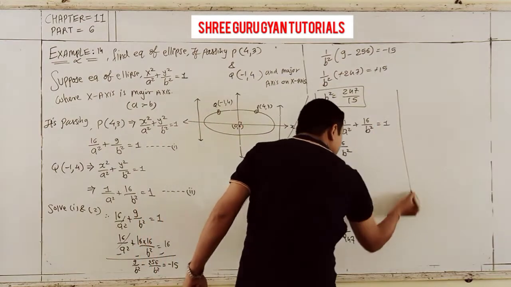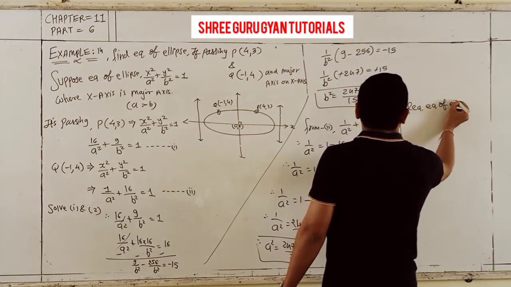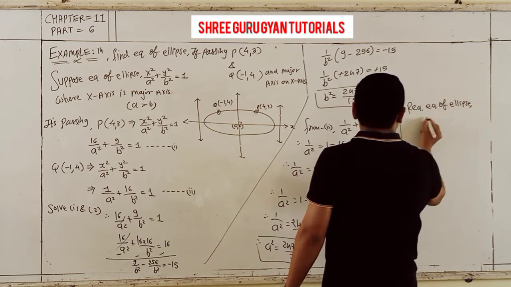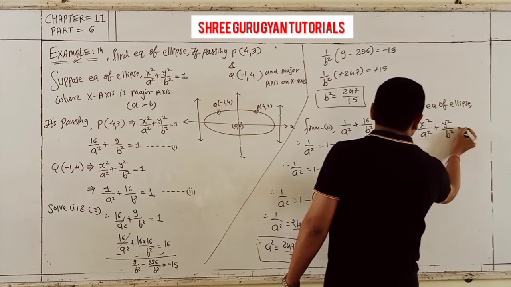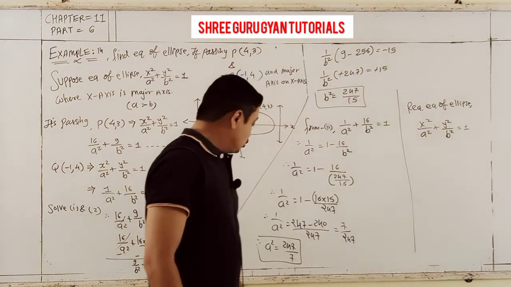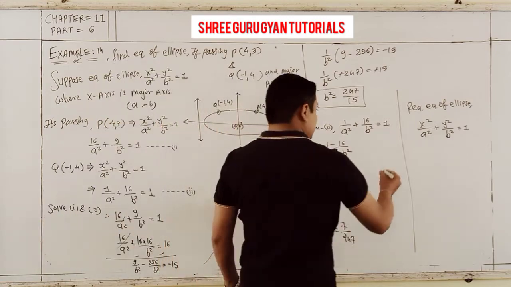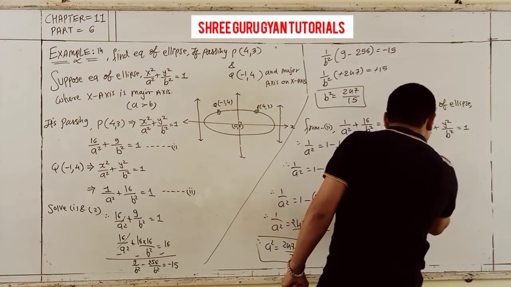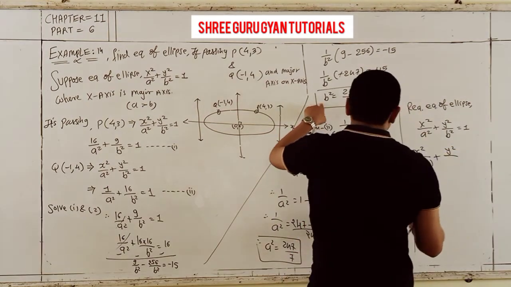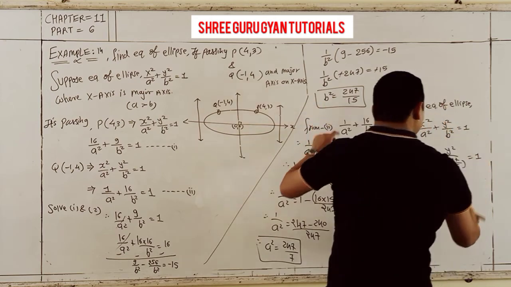So the final required equation of the ellipse is x square by a square plus y square by b square is equal to 1, and put down your a square and b square values. So x square by 247 by 7, y square by 247 by 15 is equal to 1.